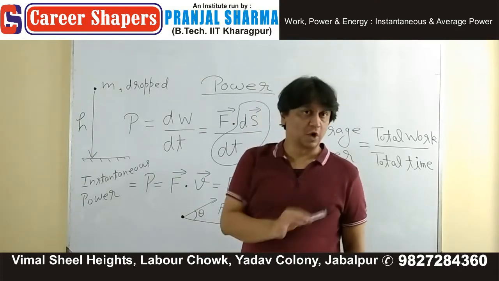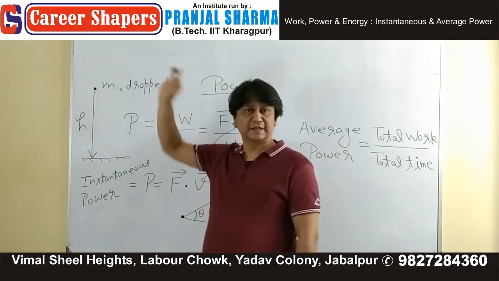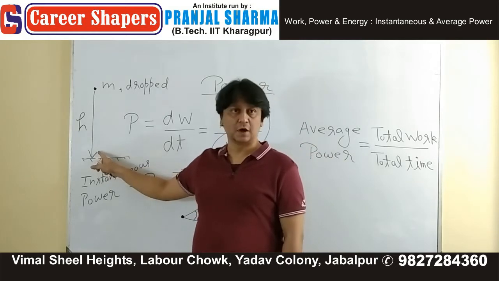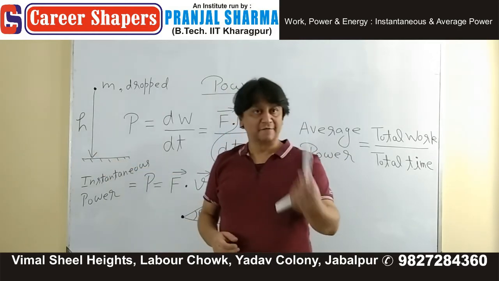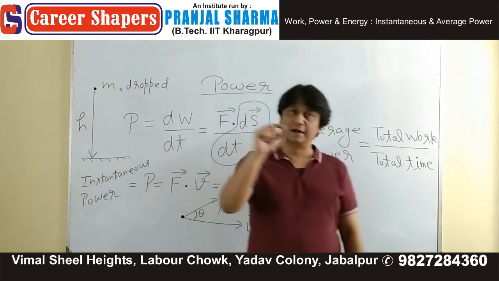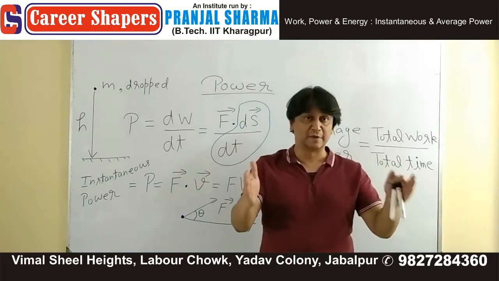So you need to find what? You need to find instantaneous power just before it hits the ground, and average. Instantaneous is defined at a given time instant, and average is defined for a given time interval.